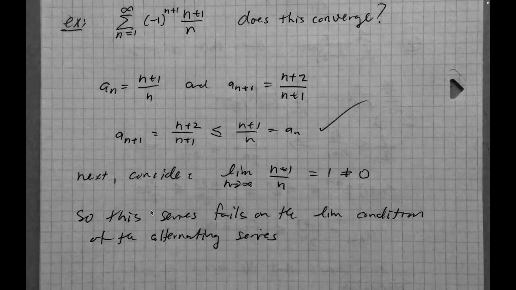Excellent. Let's take a look at the next section here. With alternating series, you may have noted the way that we leveraged partial sums during the proof of the alternating series test. And so this brings up an interesting technique of identifying the alternating series remainder.